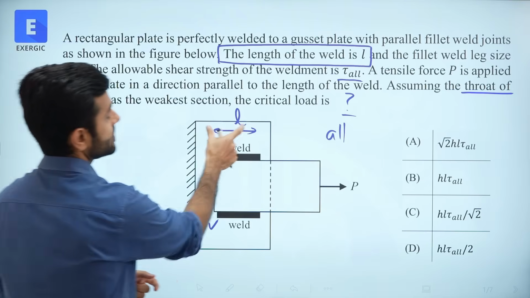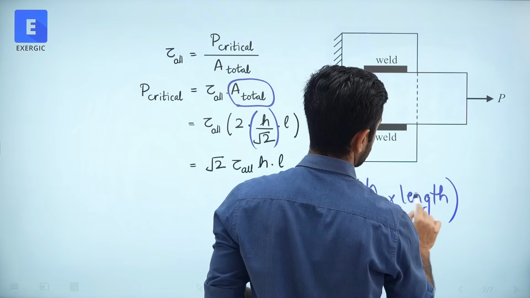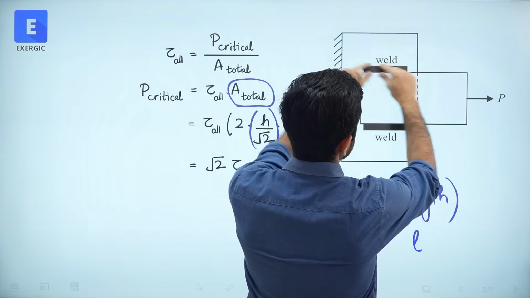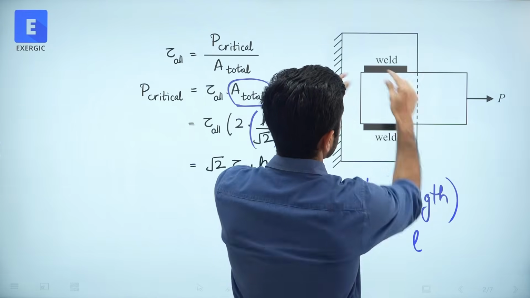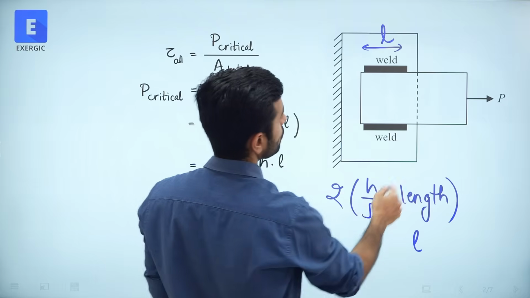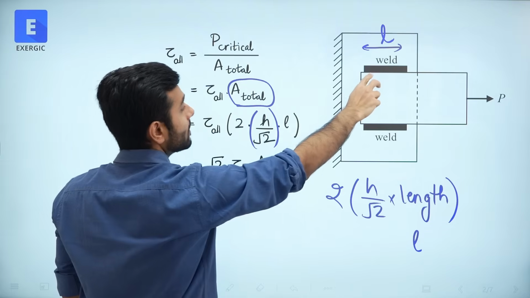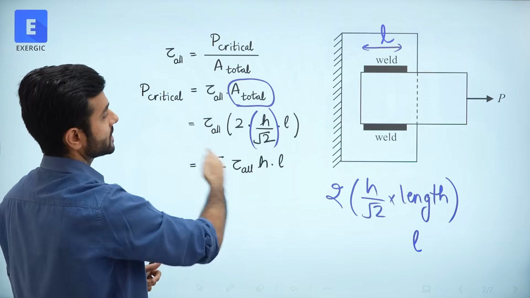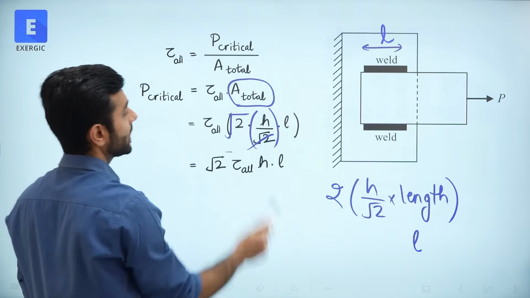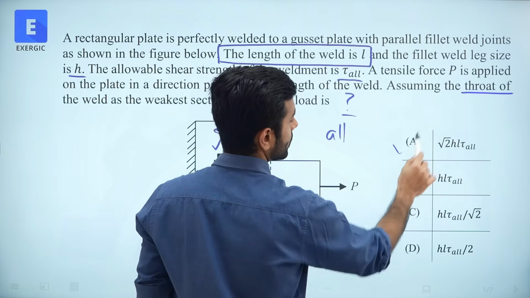Because if it is this much, then we are simply going to write L here, right? We are taking one weldment and multiplying that by 2. For one weldment, if this is L, it is h by root 2 multiplied by L, and then multiplied by 2. That's what I have shown here. If you do that, you will get A as the answer.